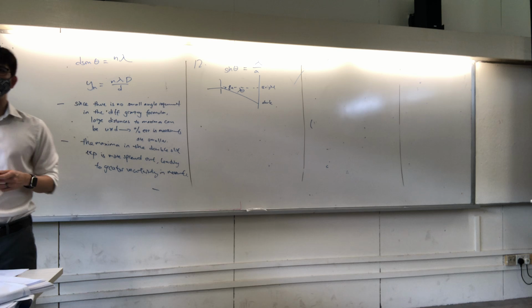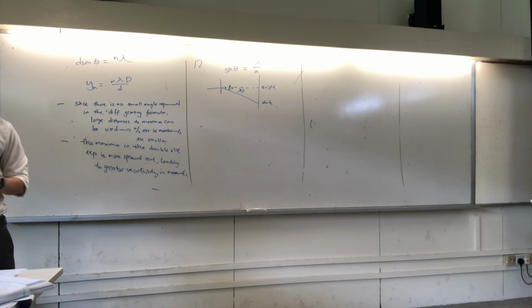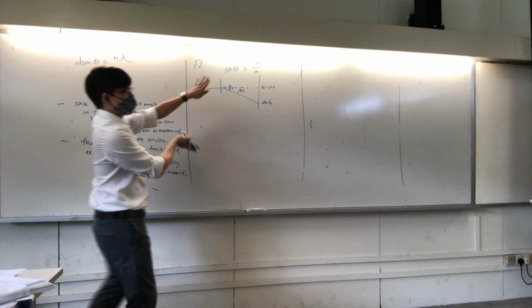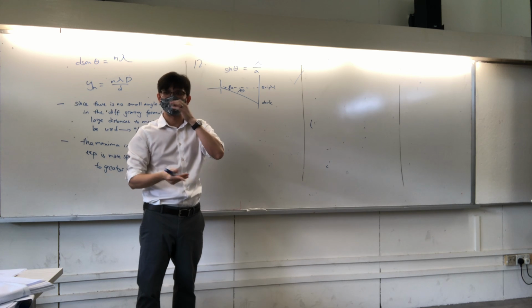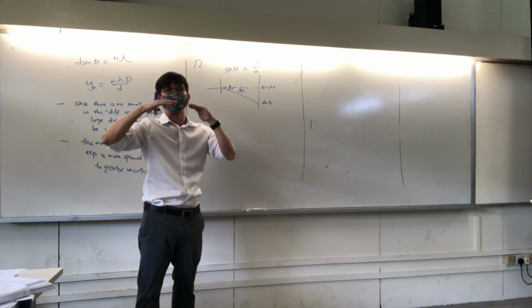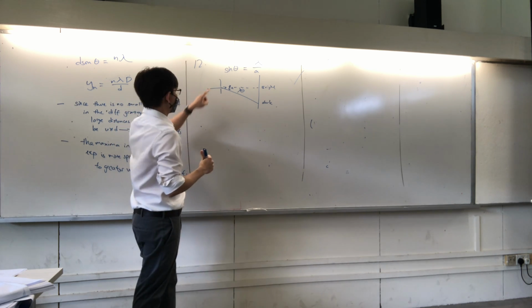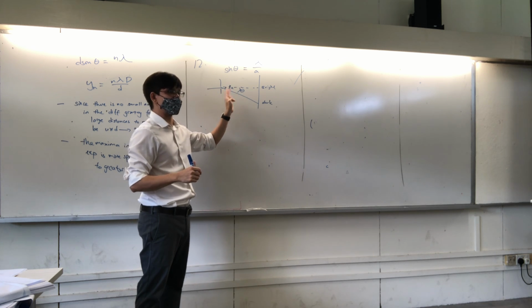A single slit will still produce an interference pattern of bright and dark fringes, but this will be much more spread out than the double slit one. And we know that for the double slit experiment, the single slit one bounds the double slit. So this is the equation that we use for single slit.